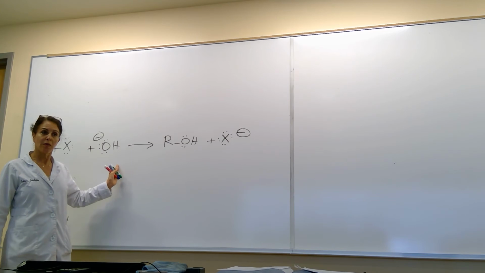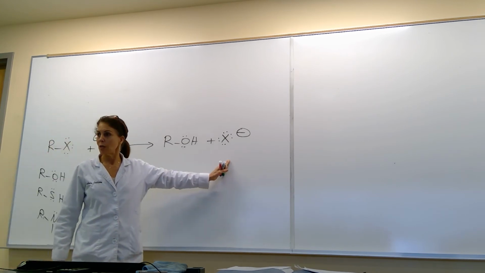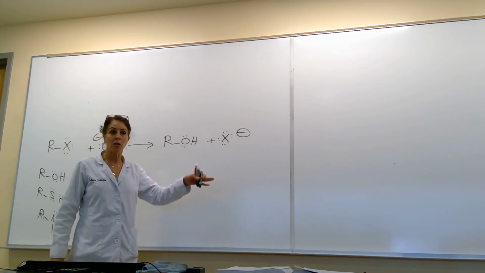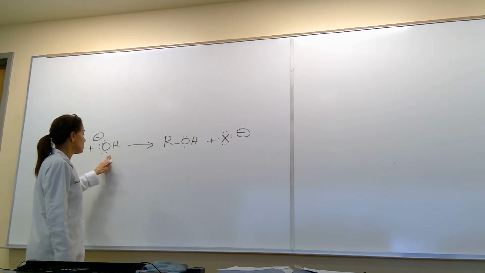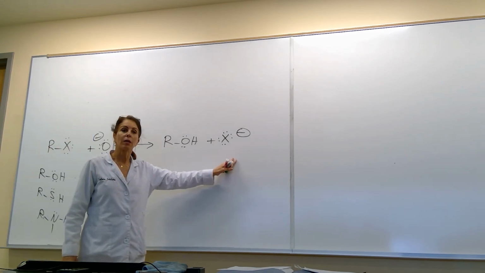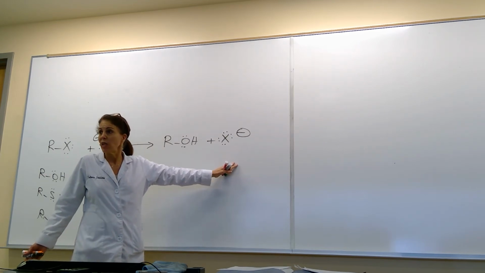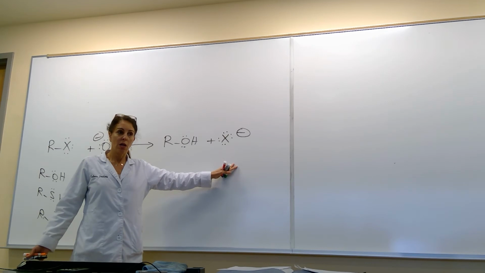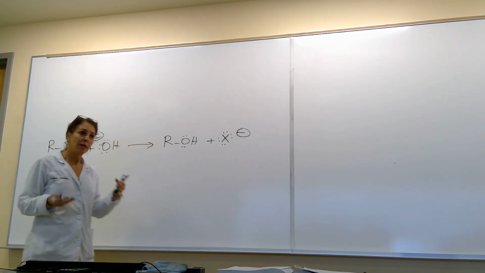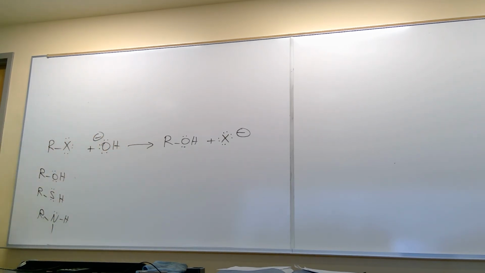This is a poor leaving group, this is a very good leaving group. So this reaction will happen because this is strong, this is weak. So it's always the strong that wins. If you put something strong, it will react. If you put something weak, it can't do the work. Is that clear? So in any reaction, when we ask you, is there a reaction or not, you always have to compare your substituents. Okay?